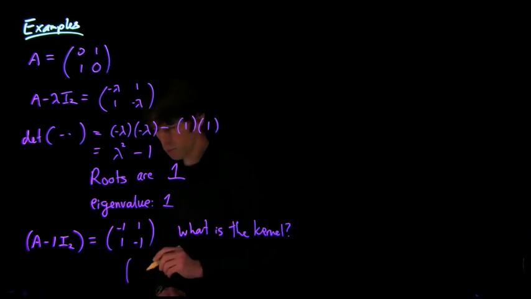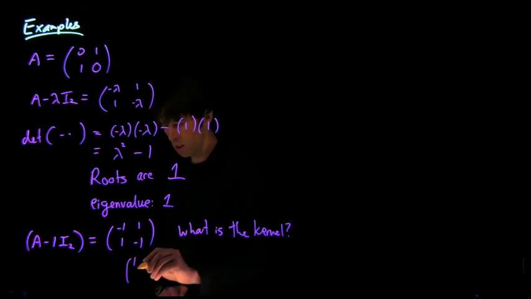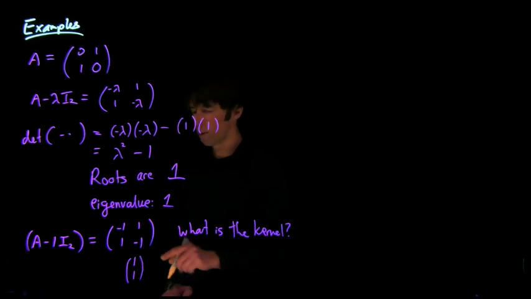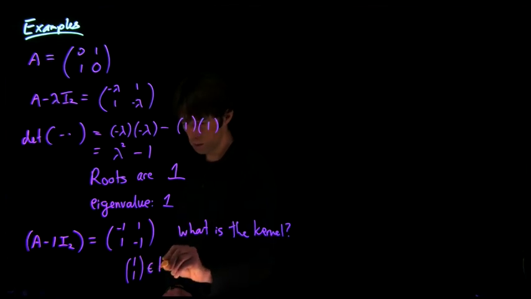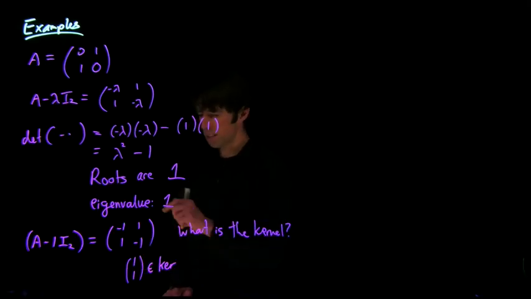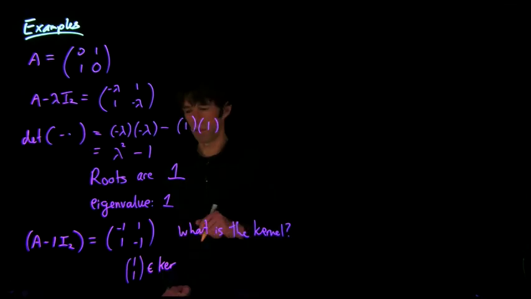So that tells me that the vector, 1 times the first column plus 1 times the second column, will be in the kernel. Right, so this matrix times this vector gives me the 0 vector, and any multiple of this also gives me the 0 vector, and that's everything that we can find in the kernel.